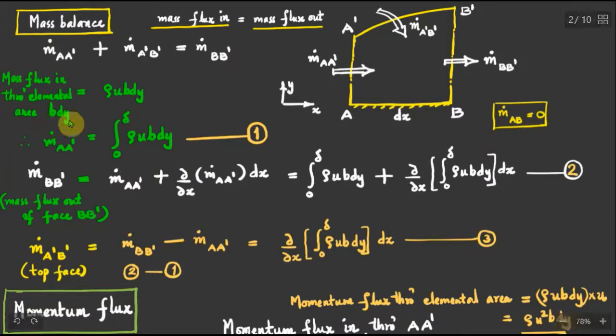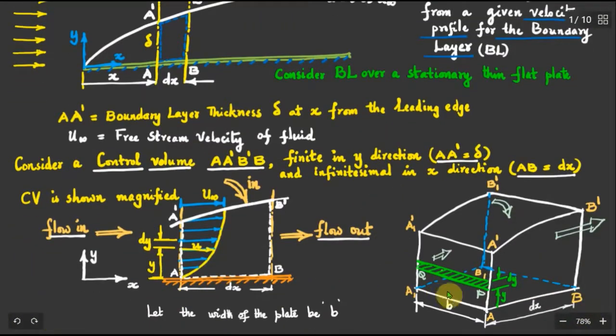And the mass flow rate through that: mass density into area into flow velocity will be the mass flux. So let the density be rho, area is B into dy, and the flow velocity through the elemental strip is small u. So rho into B dy into u will be the mass flux through the elemental area B dy. Now the elemental area is the part of the left face A dash.